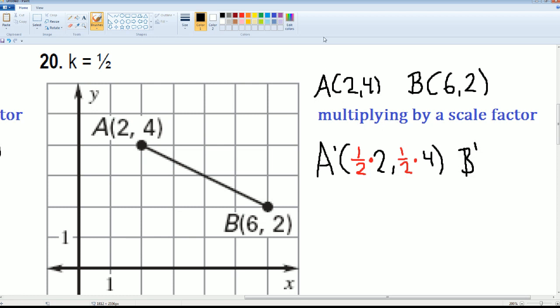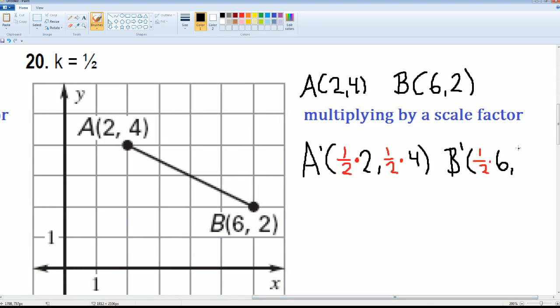Then the 1/2 is also going to be multiplied to the 6, and the 1/2 is also going to be multiplied to the 2. Good. Again, we write the prime because it's the dilation that is occurring.